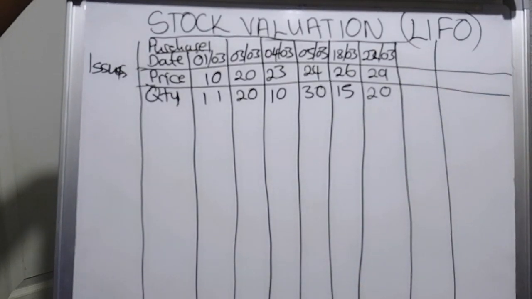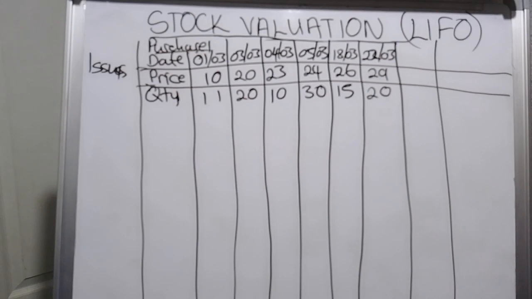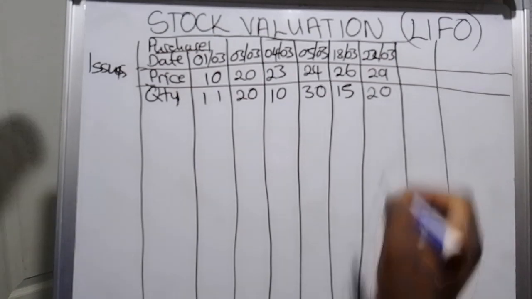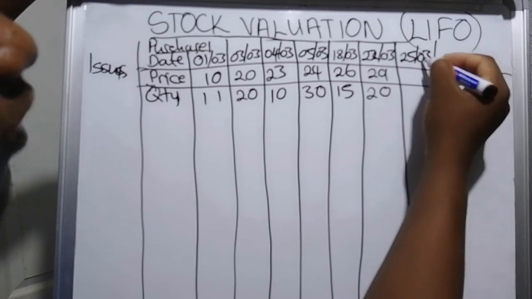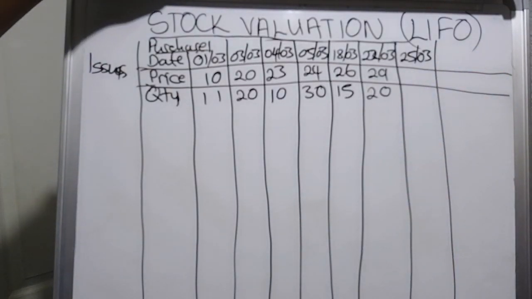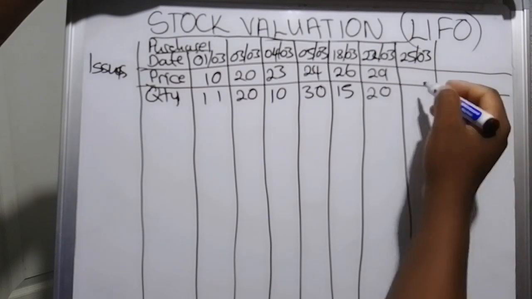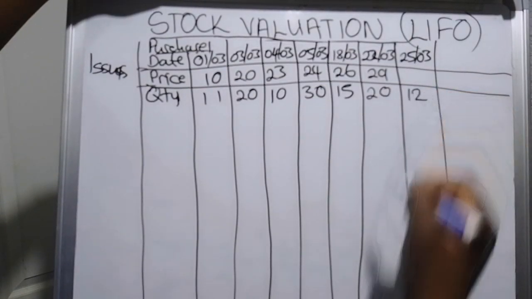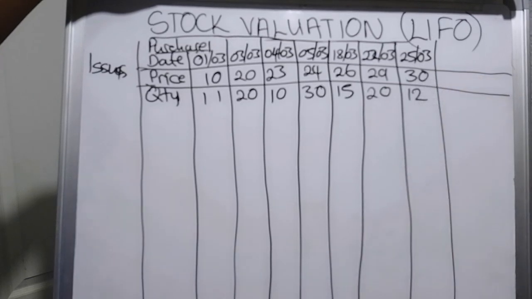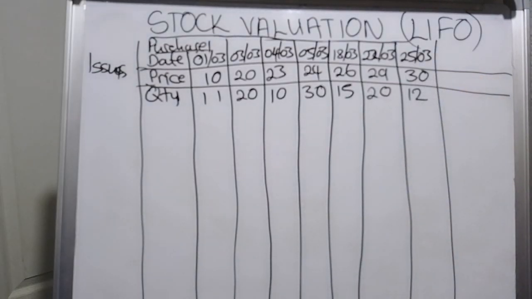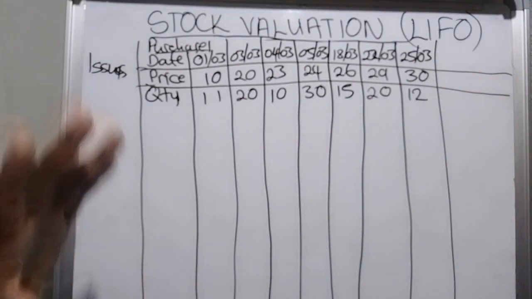Then the last date was on the 25th of March, we bought 12 items at the cost of $30 each. Okay, now we are done with the purchases side.